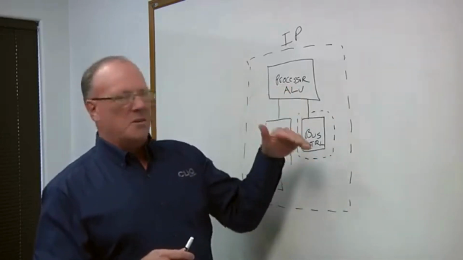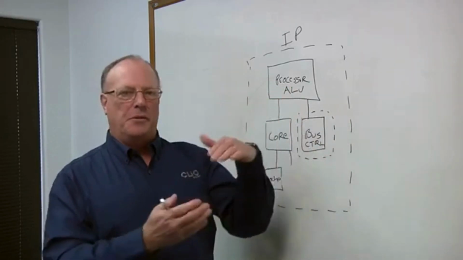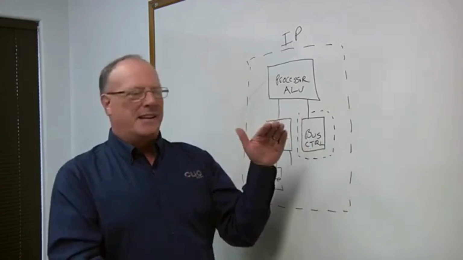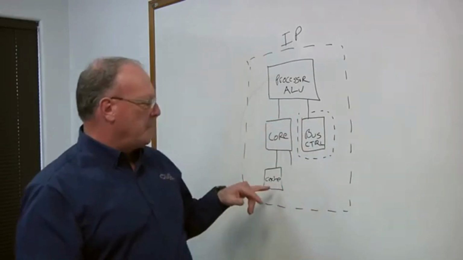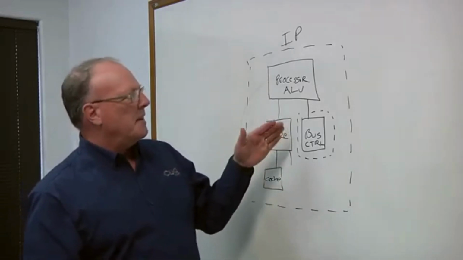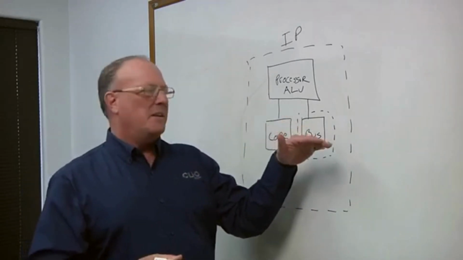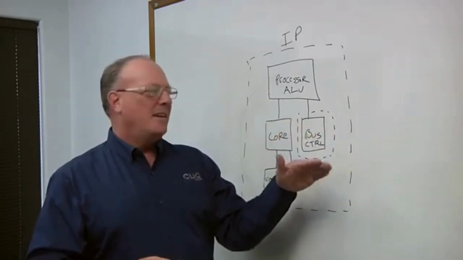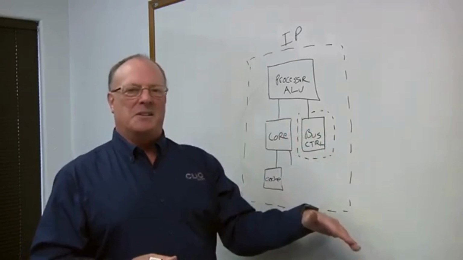Not only what it uses, but what it in turn uses. So it's a full hierarchical accounting of what's in that, including options like how many cores, how many caches. And that's important because you may be surprised sometimes that an IP that you're using, you didn't realize was using something else that you're not licensed for.